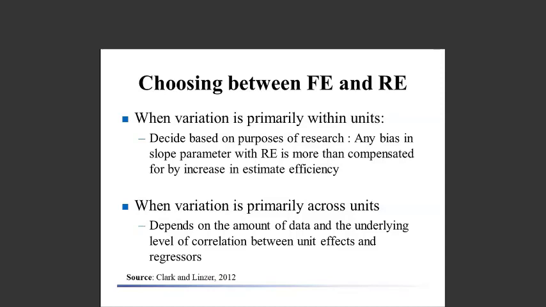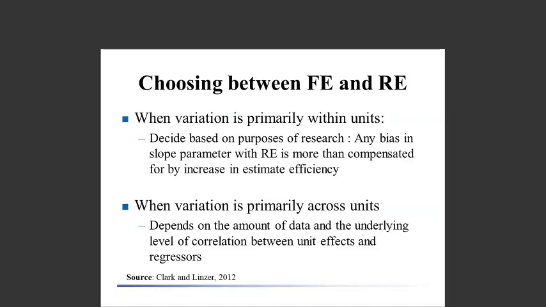So when there's variation in X primarily within units, they find that there's rarely any difference between fixed effects and random effects estimators. You'll recall an example of predominantly within-unit variation that we talked about was average opinions across states, where the average opinion in each state might be similar, but individual opinions within the state vary a lot.